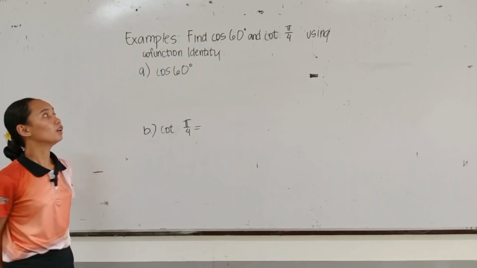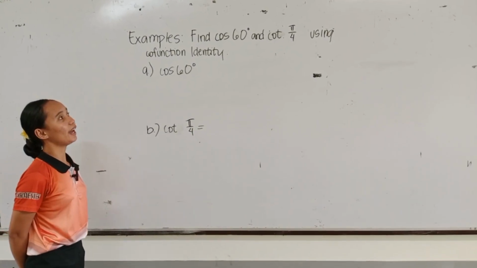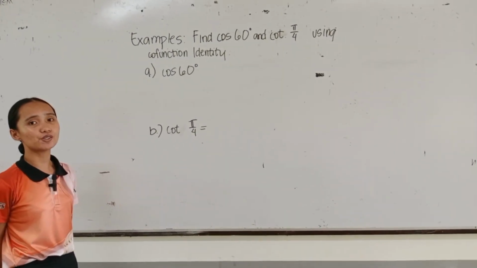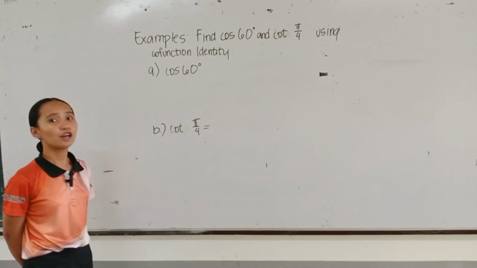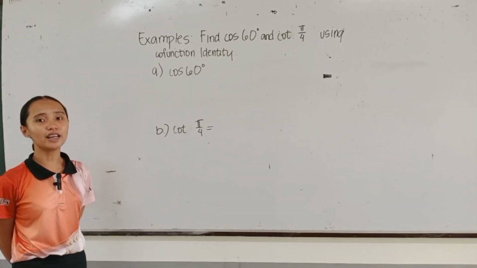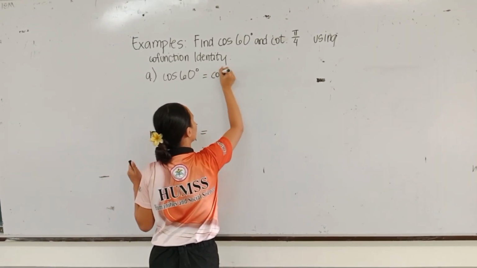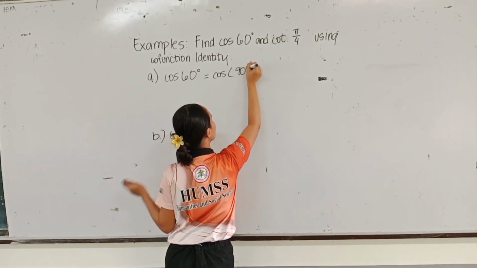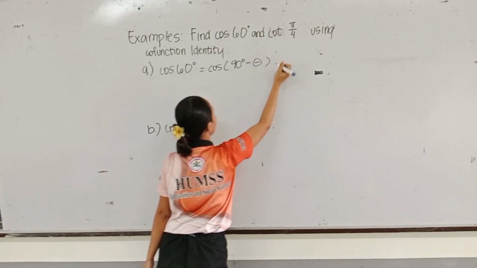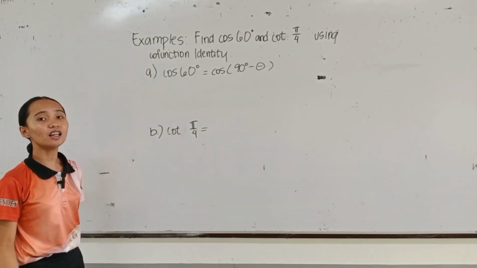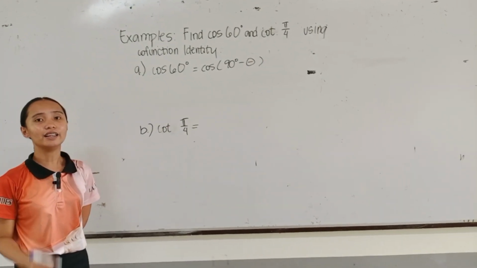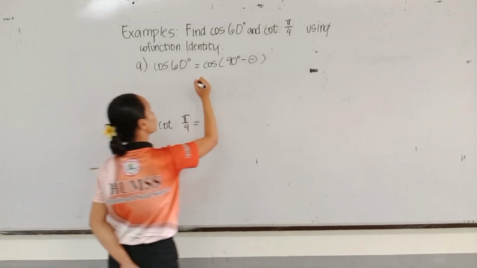For example, find cosine 60 degrees and cotangent pi over 4 using the co-function identity. First is to rewrite the cosine 60 as cos of 90 degrees minus theta, where theta is the complementary angle of the given angle. Then substitute.